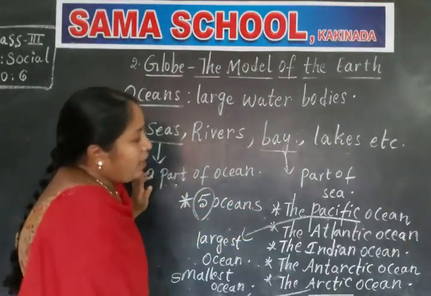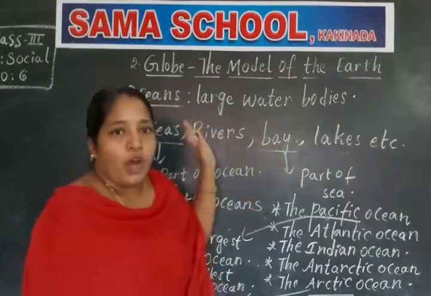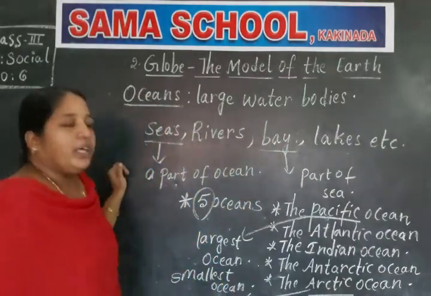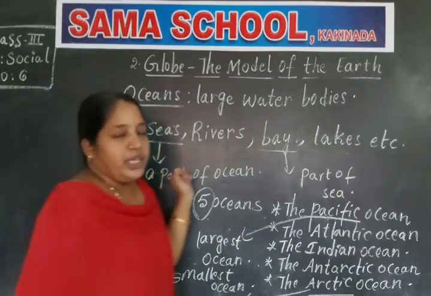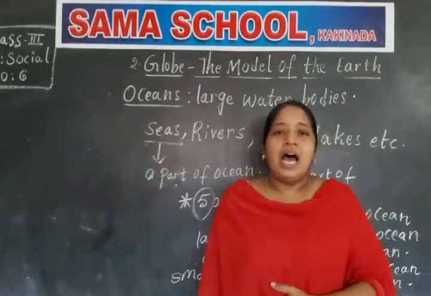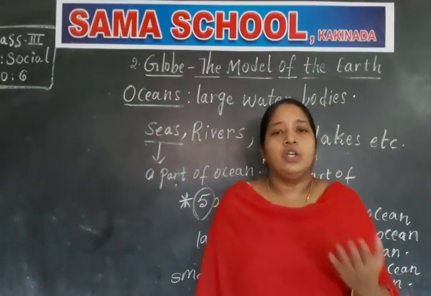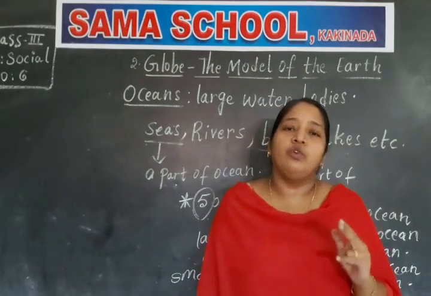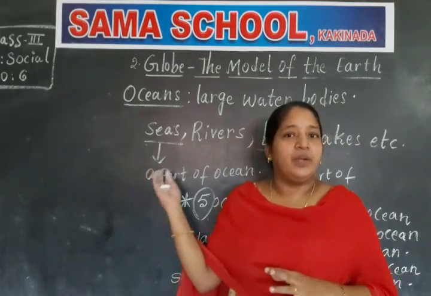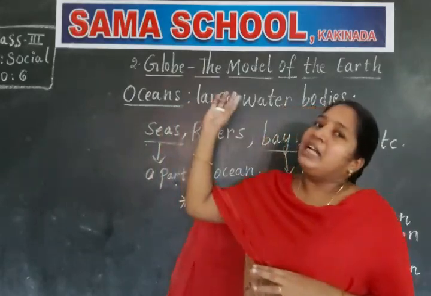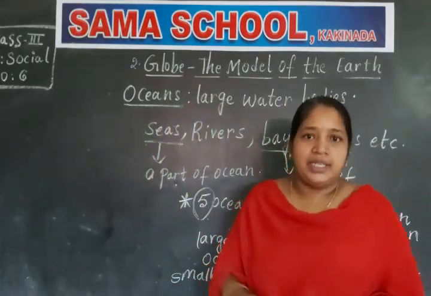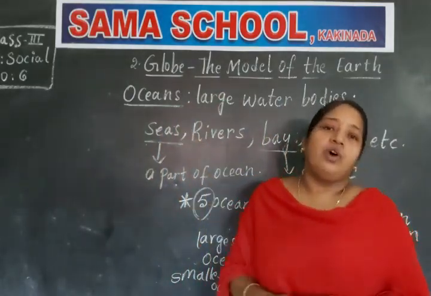So today what topics did we learn, children? One is continents and the other one is oceans. You already know that there are 2 main forms, land and water. So large land masses are called continents and large water bodies are called oceans.